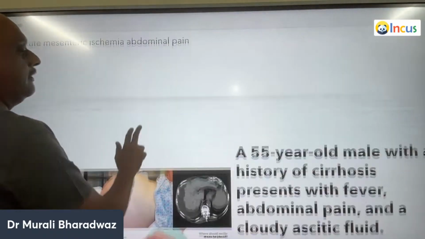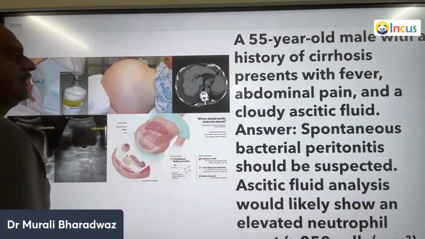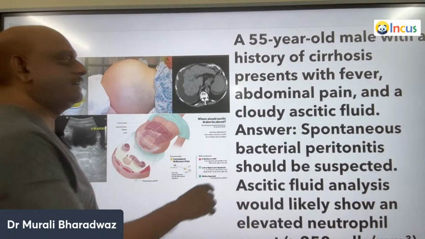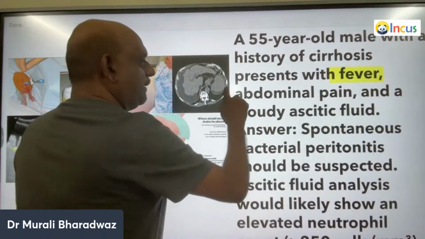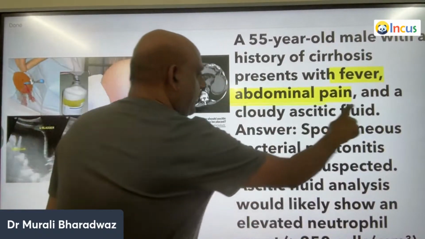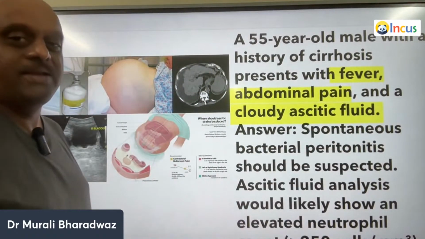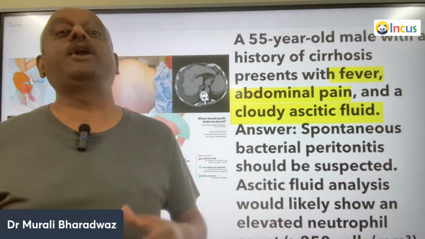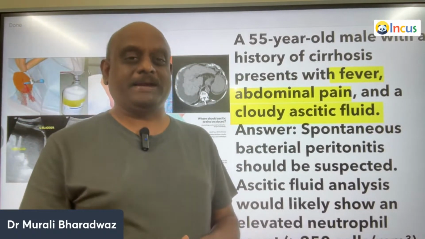Now, doctor, a 55-year-old male with a history of cirrhosis presents with fever, abdominal pain, and cloudy ascitic fluid. What is your diagnosis? It is spontaneous bacterial peritonitis that you need to suspect.